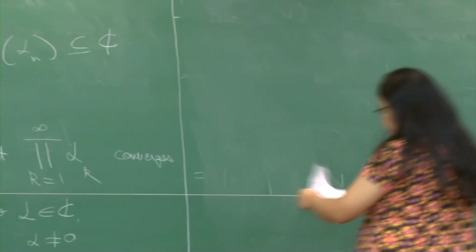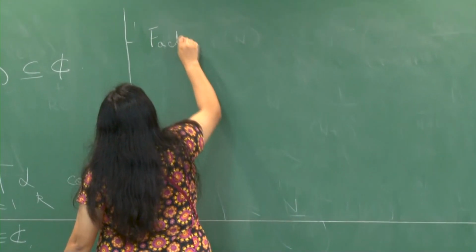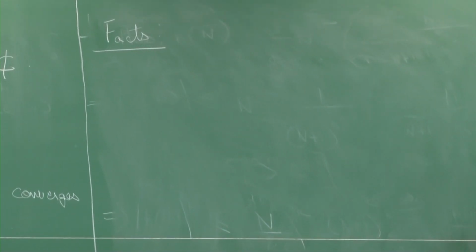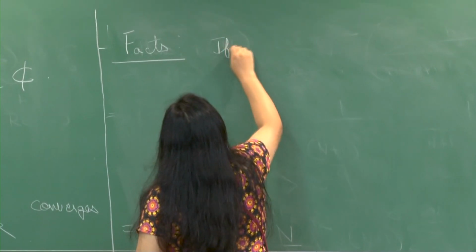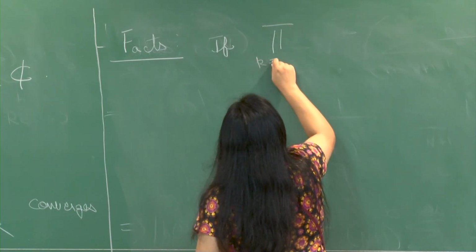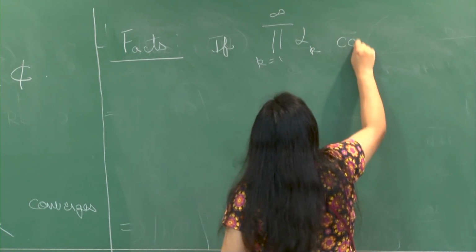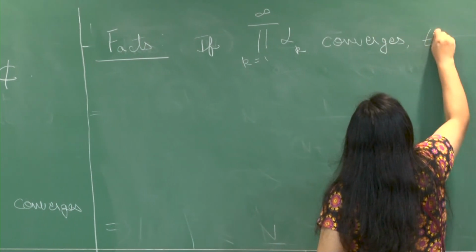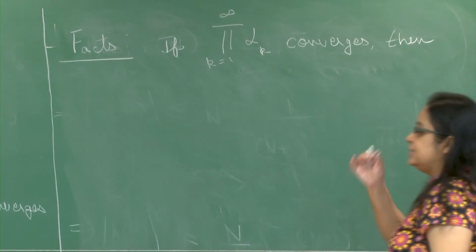These are analogues of things that we learn when we talk about infinite sums. So first, if the product converges, then the sequence of the partial products is converging to 1.